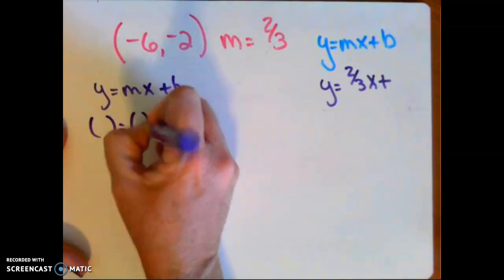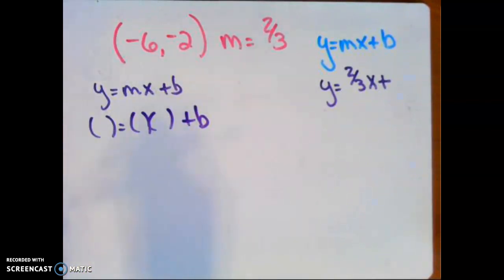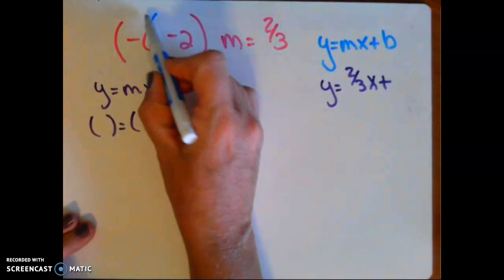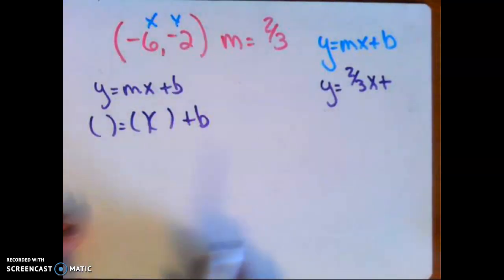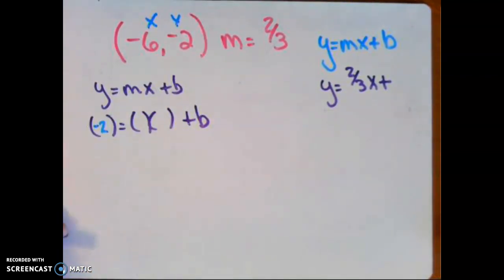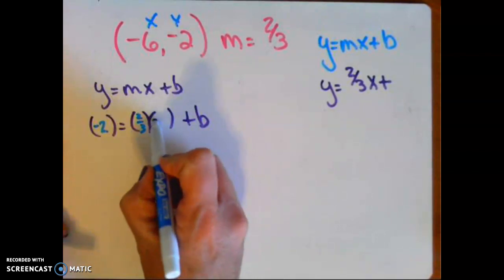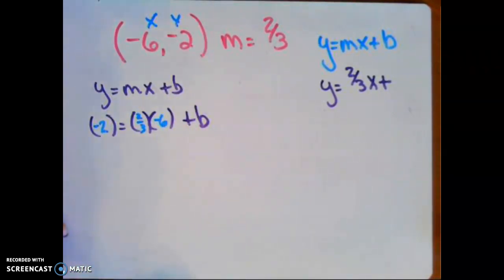And all I'm going to do is substitute my values in to figure out what b is. So if I take a look at this equation, here is my x, here is my y, and m is 2/3. So if I substitute in, I'm looking at a -2, a 2/3, and a -6.